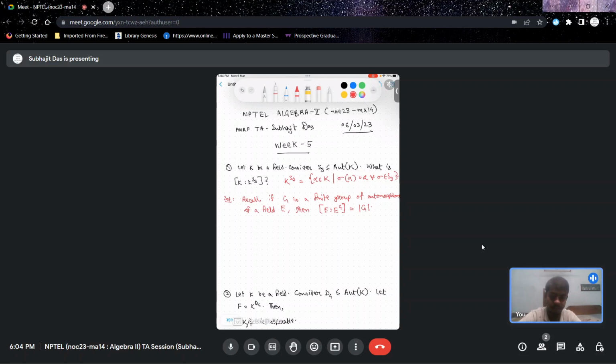That is, first you show that [E : E^G] is less than or equal to the cardinality of G, and then you show independently that [E : E^G] is greater than or equal to the cardinality of G, and then you have this.